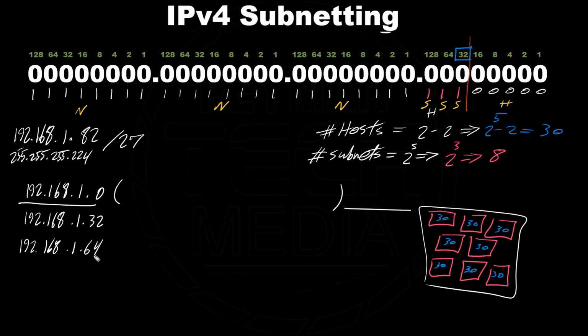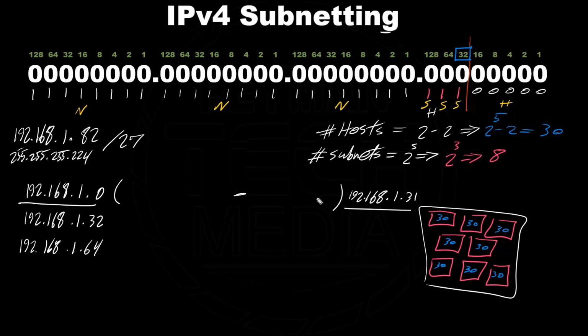We should be able to easily write down our broadcast address, which again is one less than the next network or the next subnetwork. In this case, this is our first and this is our next network. So the broadcast address for the first network would be one less than this, which is 192.168.1.31. If we add one IP address, it would be 32. Okay, so that's our broadcast address here.